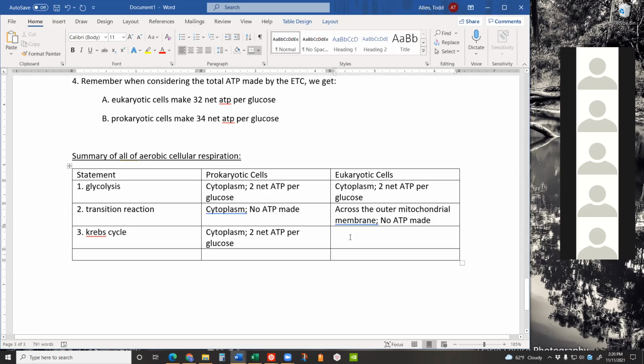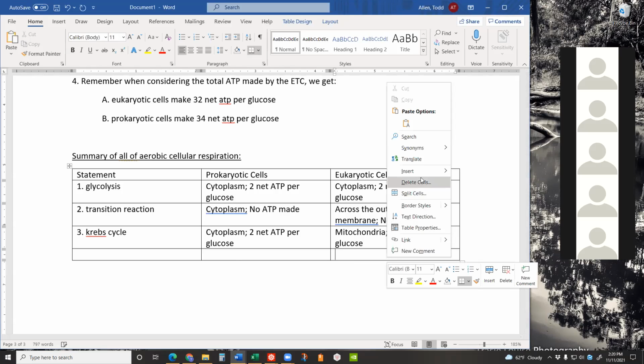With eukaryotic cells, the Krebs cycle takes place in the mitochondrion, because the transition reaction chemistry happened across the outer mitochondrial membrane. Mitochondria, and we make 2 net ATP per glucose here. Okay, looks like I'm going to need one more row in my table.